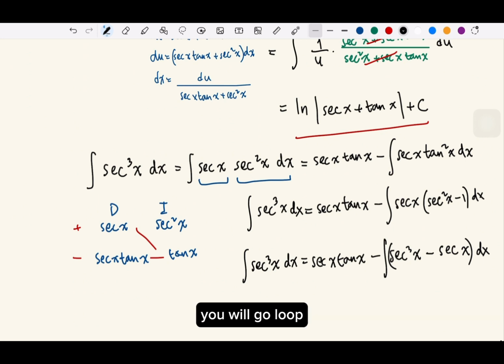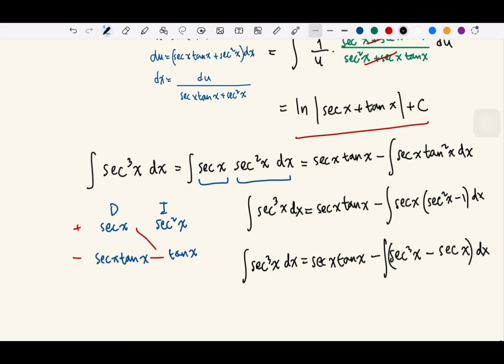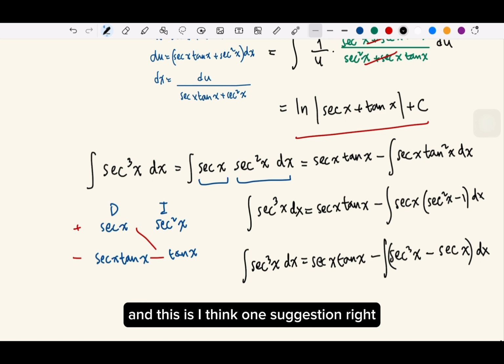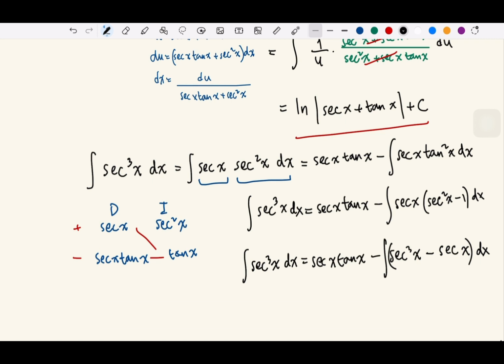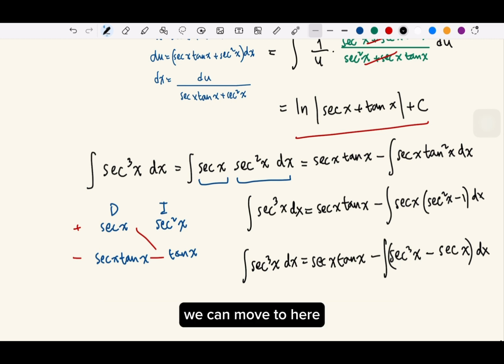You will go into a loop. But if you observe, and this is one suggestion, always write the left side, because you see that this we can move to here, right? And we can divide by 2.